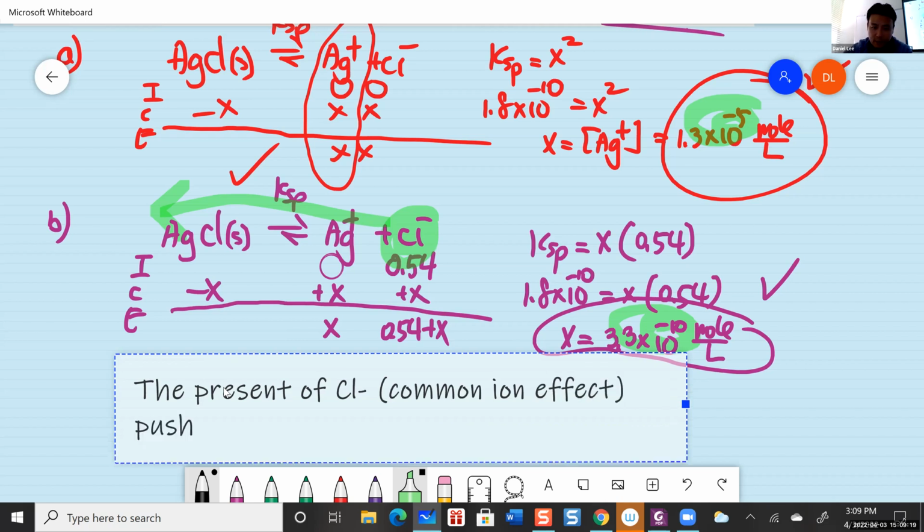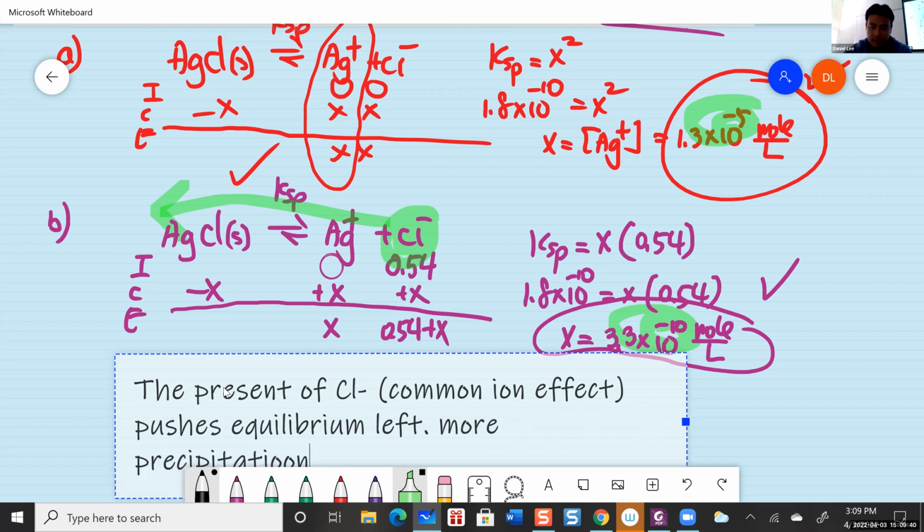Pushes equilibrium left. So shifting to the left means more precipitation results in lower solubility, a smaller x.